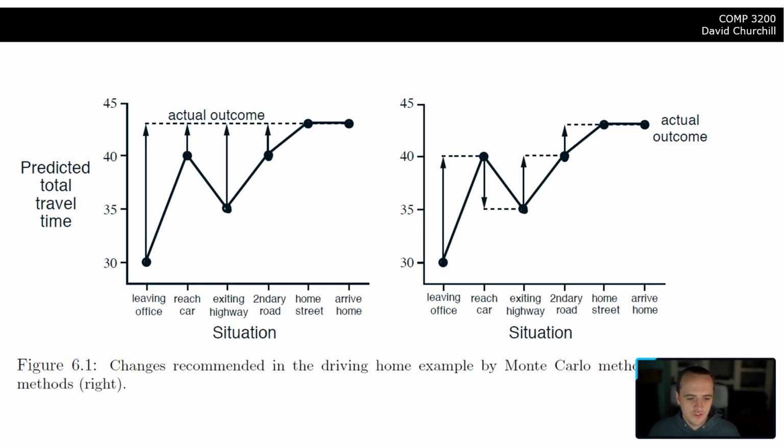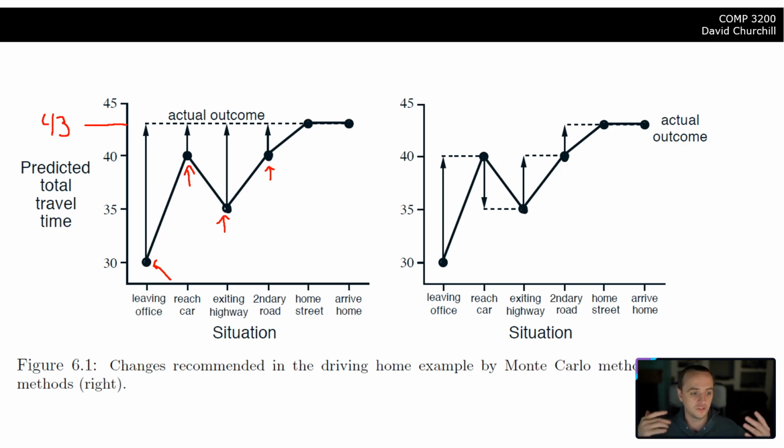So we would drive the entire way home and arrive here at time 43. Then what we would do, since we've generated the entire episode, is we go back to each of those states right here. All these dots are the states and all the actions. And we update all of those to bring it closer to 43 minutes.